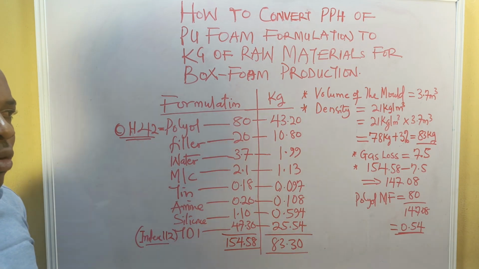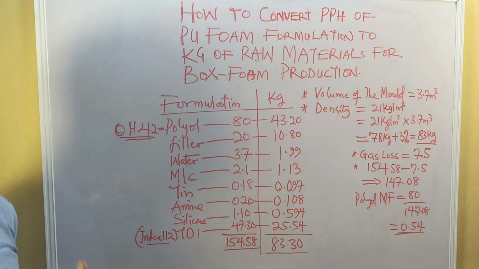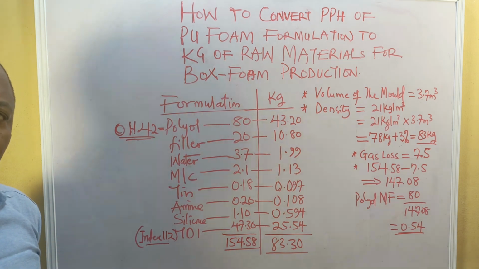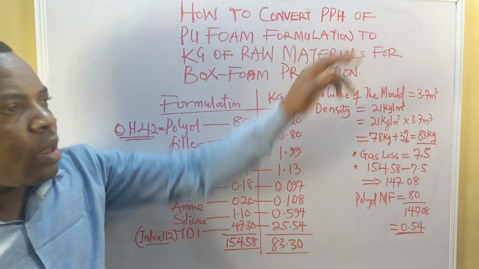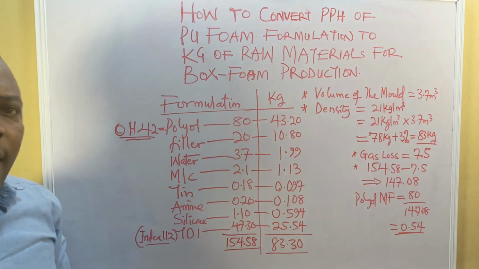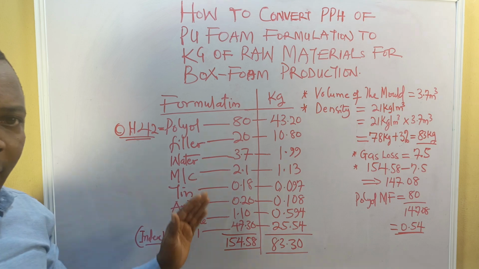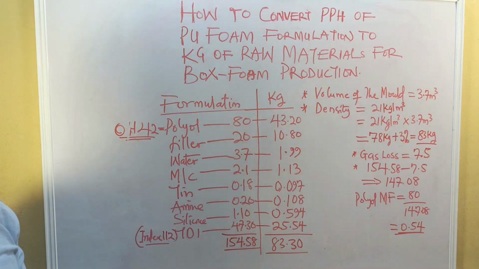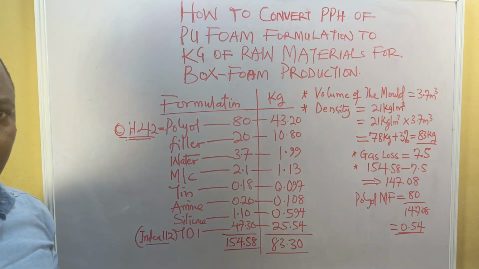It allows the manufacturer in the industry to carefully scale out the formulation process accurately, because parts per 100 is the industrial convention technique that is used globally. So designing your formulation in parts per 100 will also help you to carry out your costing effectively.